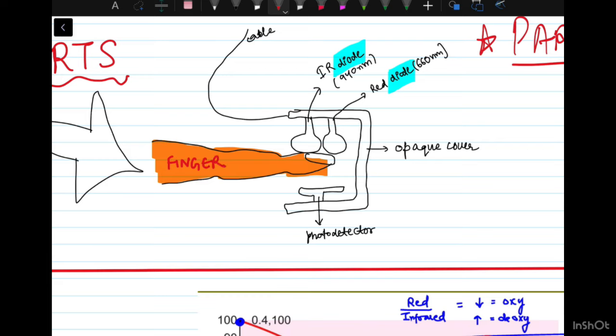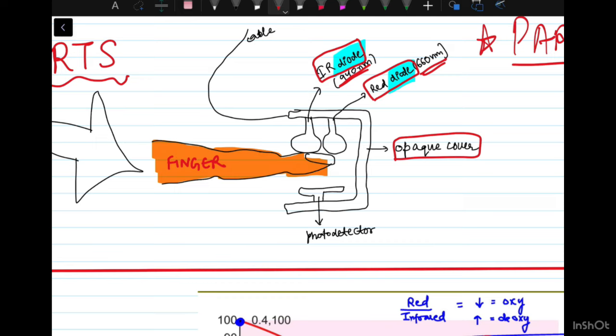Let's suppose this is the finger of the patient. On one side, there is an infrared diode whose wavelength is 940 nanometer, and the other diode is a red diode, it is 660 nanometer.